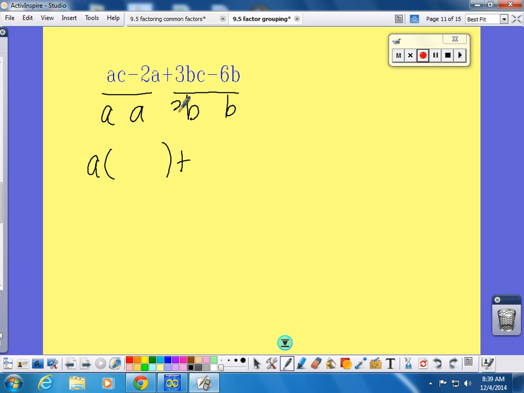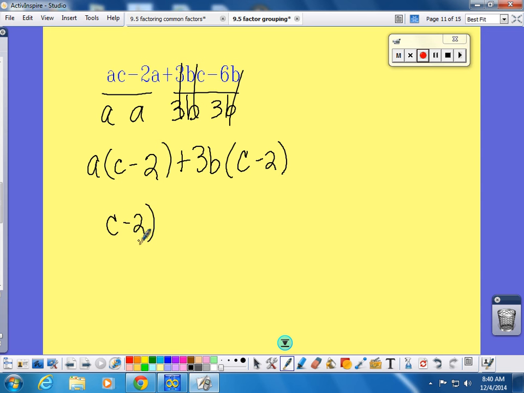So I need a 3 here, and a 3 here, and a 3B here. So that C minus A is still good. And over here, I'm going to get C minus 2, I'm sorry. Sorry about that, that's a 2. I'm still going to get the same thing over here.